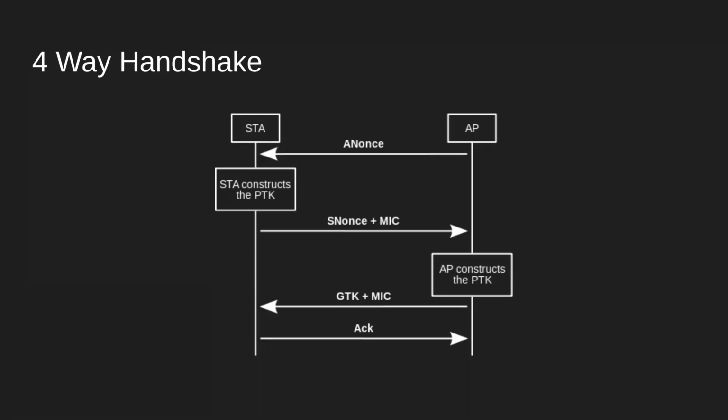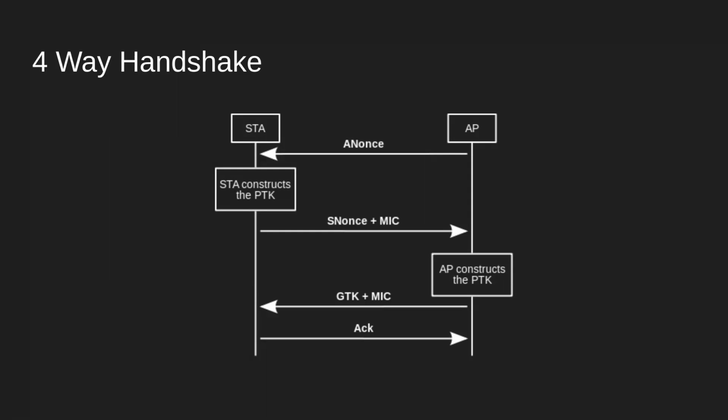So it sends the S nonce and the MIC to the AP, and then the access point constructs the PTK, because you need both nonces and the MAC addresses of the AP and the client, as well as the pairwise master key to generate the PTK. And then the access point has the group keys. You can't just generate the group key on the fly because every single device on the network needs to have the same group key.